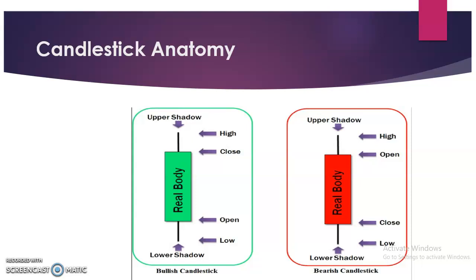Now let's get back to our candlestick anatomy, using that particular knowledge of supply and demand in the market. What happened in a bullish candlestick is that when the session opened at this particular price, the sellers came in and forced the price down.